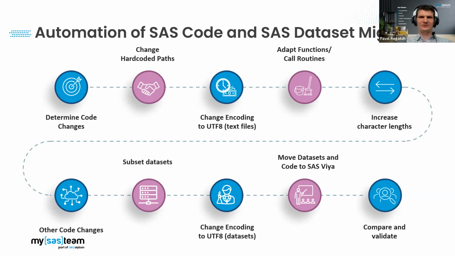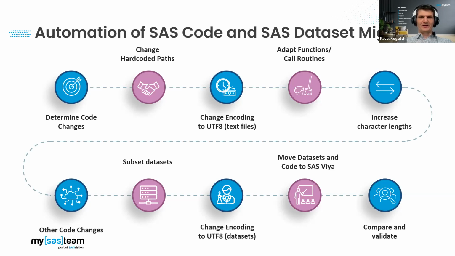But it was not enough to transfer all the necessary code files and datasets to a new platform. SAS code files and SAS datasets required some preparation before they could be used in SAS Viya.